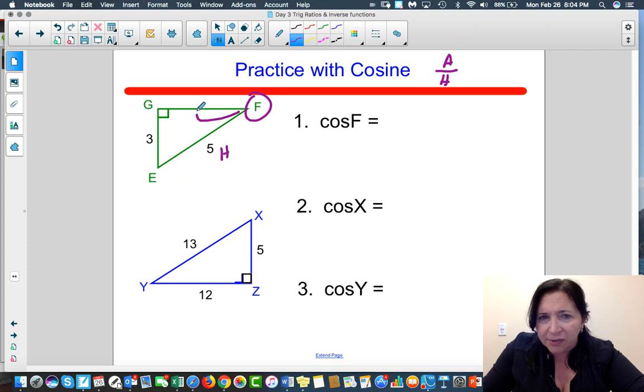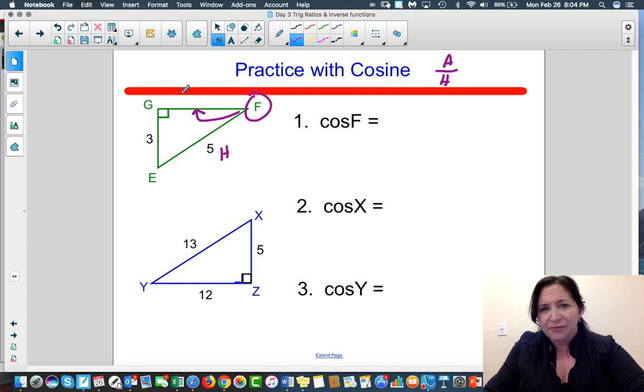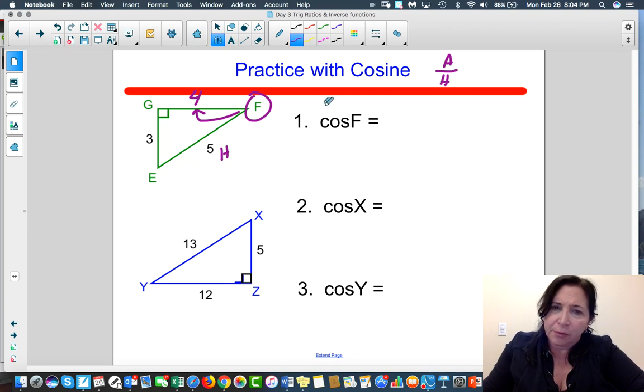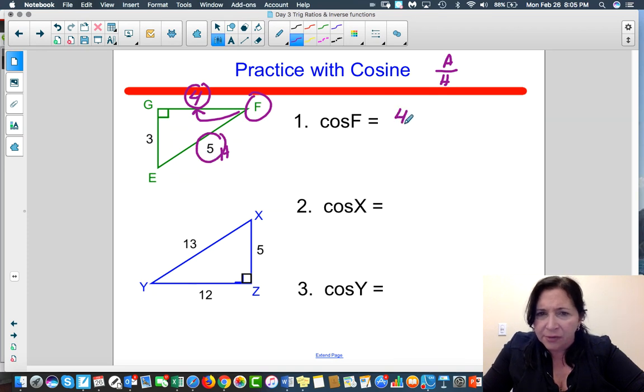So my adjacent side is right here, but I don't have a value for that, so I might have to use the Pythagorean theorem. We do know actually that that's a 3, 4, 5 triangle because it is a triplet. So we're just going to say that it is 4. Cosine is adjacent over hypotenuse. So adjacent over hypotenuse is going to give me 4 over 5.